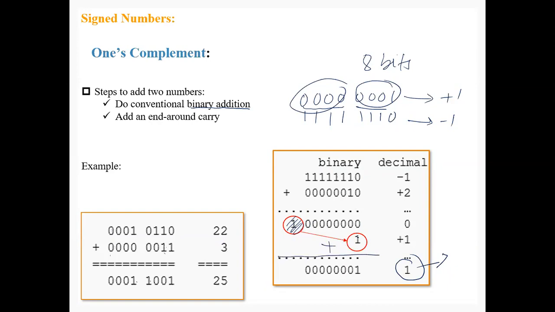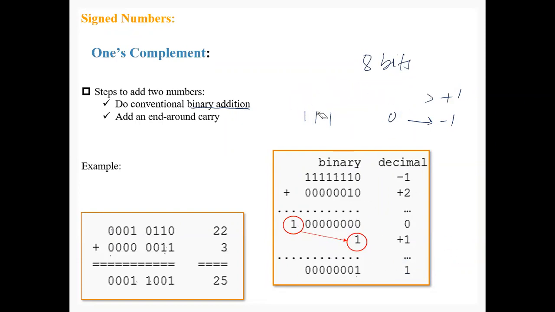Add them together. This is 1 plus 0 is 1, and the rest all are 0, right? So what is this number? This is 1. Now we got the answer, right? Plus 2 minus 1, you have 1. That's how you do the addition in one's complement form.